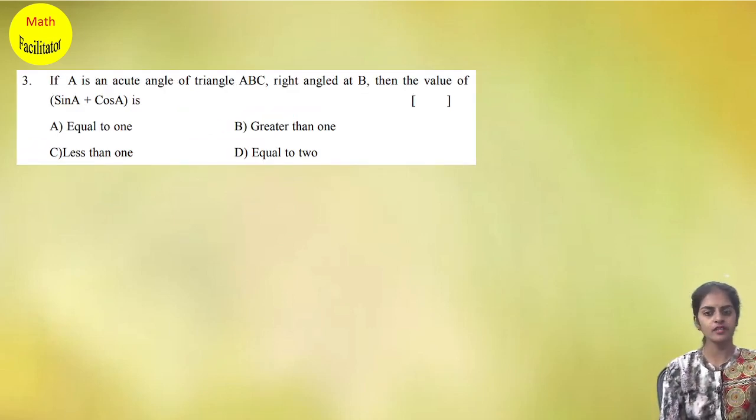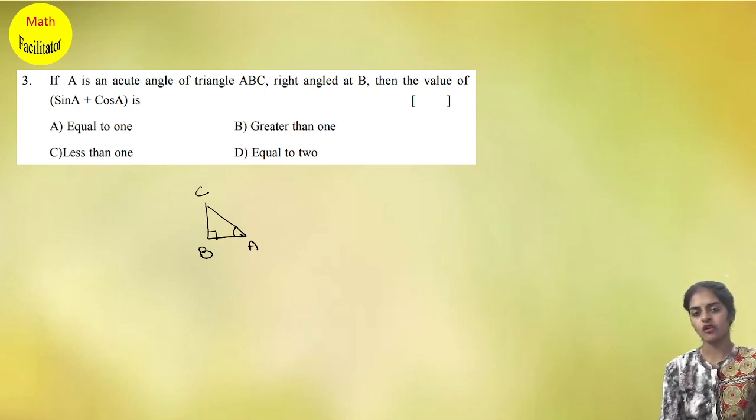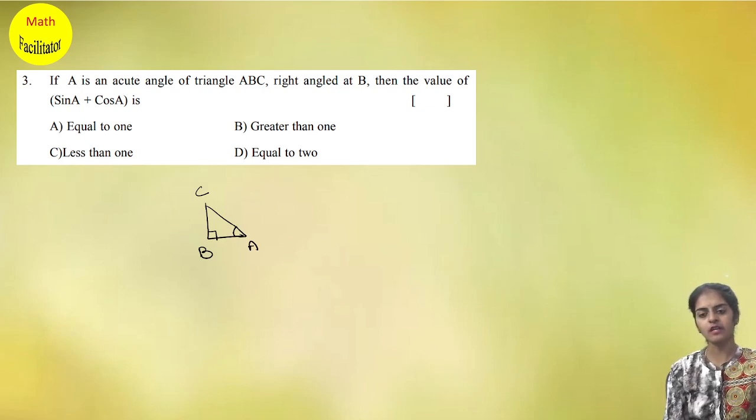If A is an acute angle of a right angle triangle, suppose I have a triangle, B is right angled, let this be C, then the value of sine A plus cos A. What is sine A plus cos A? Will it be equal to 1, or greater than 1, or less than 1, or equal to 2?